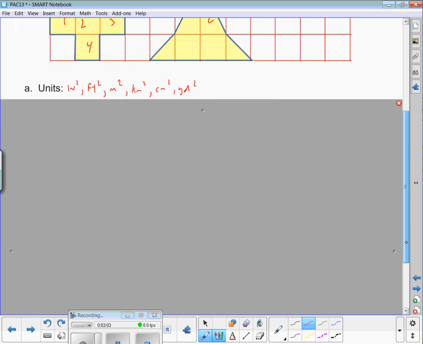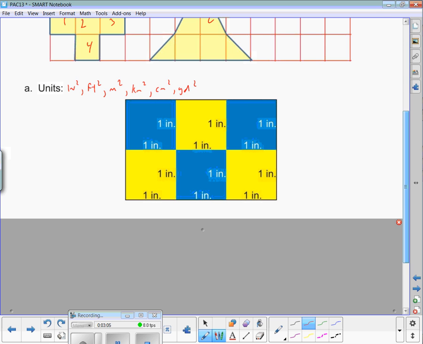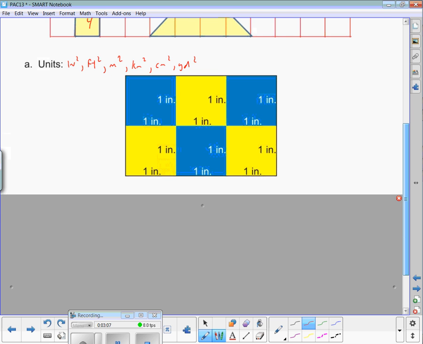Okay, next thought here. Obviously, you can see this shape is comprised of square units, and they are inch by inch squares, right? It's pretty easy to figure out. There's 1, 2, 3, 4, 5, 6. So we have 6 inches squared or square inches.